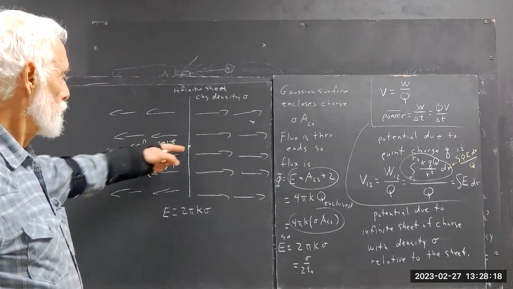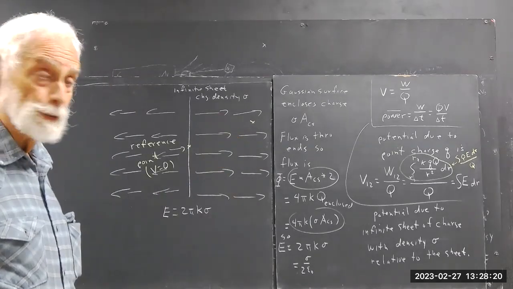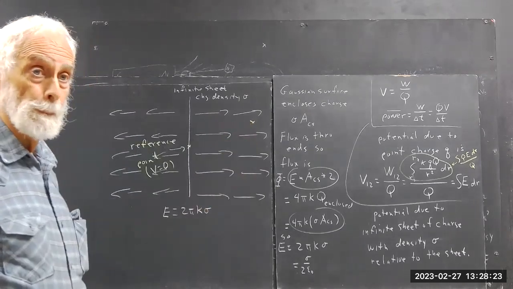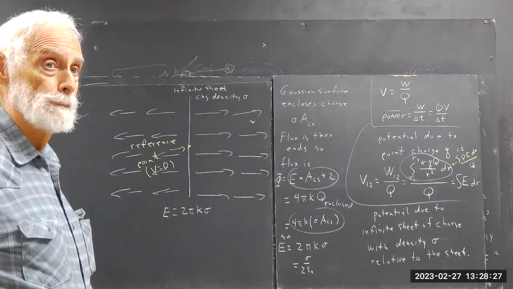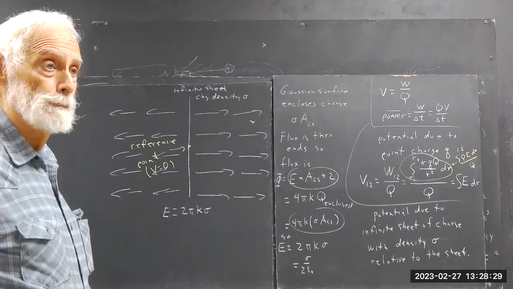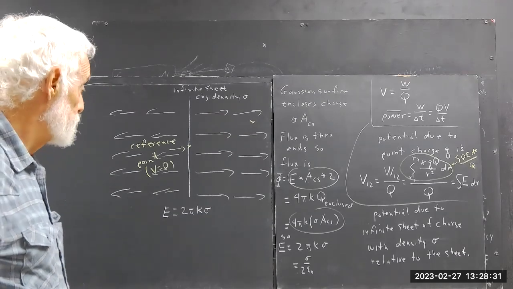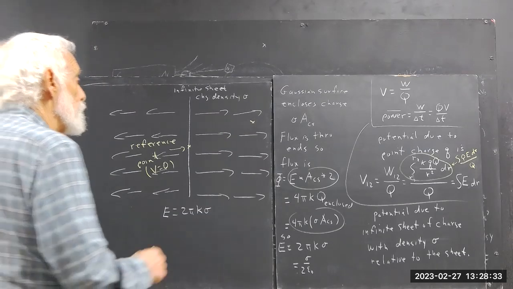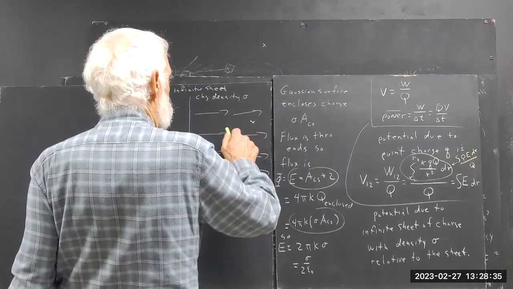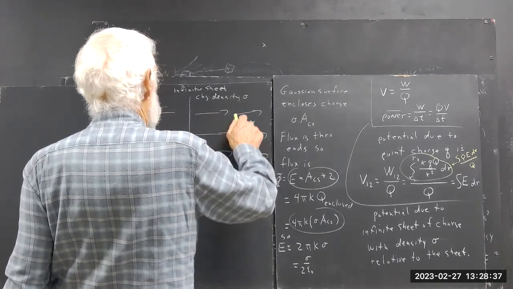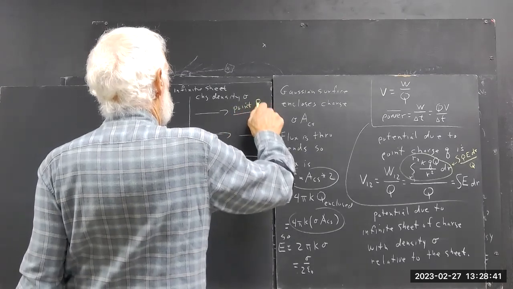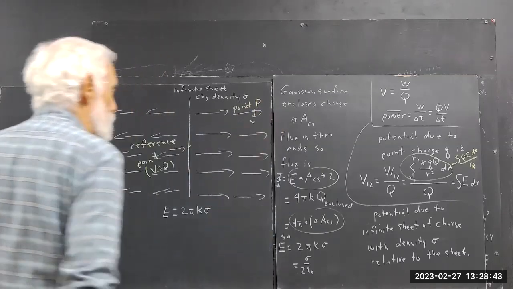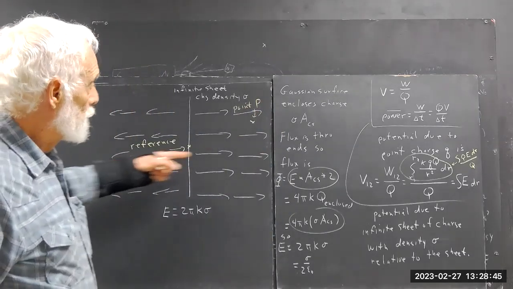How much work does the electric field do on a test charge as we move from here to here? Does it matter how we go from here to here?